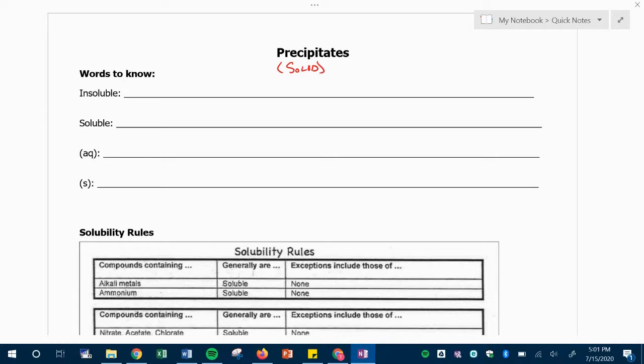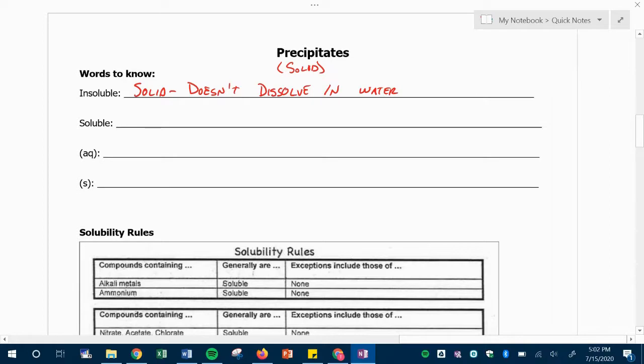Now, a couple important things to know about precipitates. First, precipitates are what we consider insoluble, basically meaning it's a solid, meaning it doesn't dissolve in water. So anything that's considered insoluble is a solid when it's thrown in water.